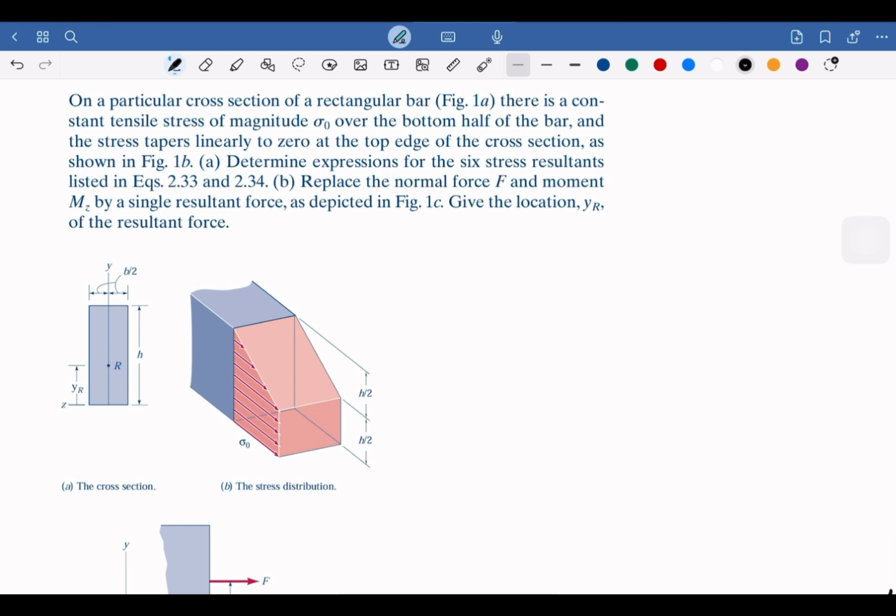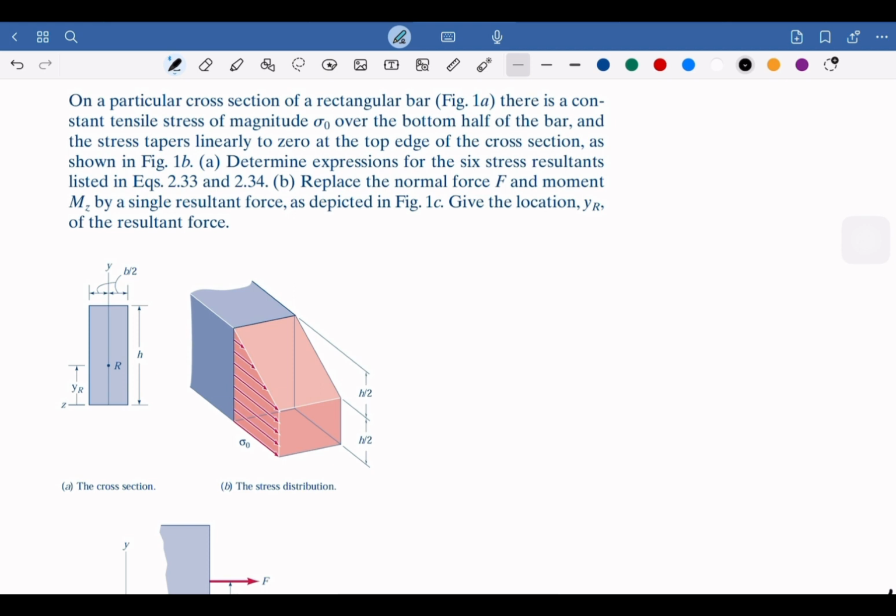And it has the centroid here, the R. It's the centroid, with the height of the centroid being yR, which we need to figure out, how is the distance.